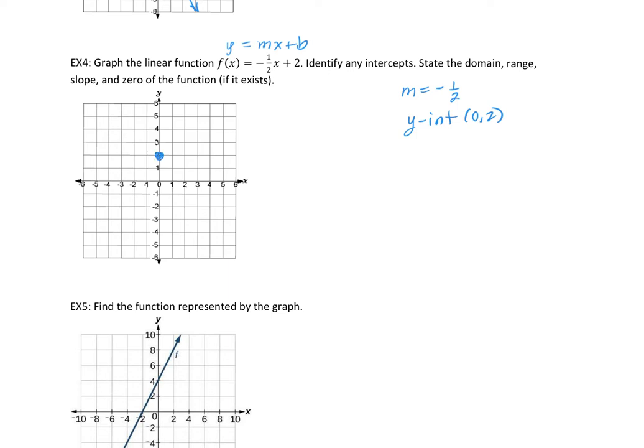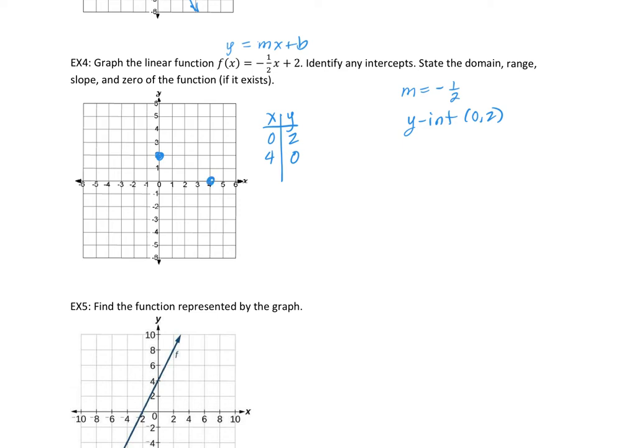And I can graph that point. And I can use my slope to find another point, if I'd like. Or I have an equation, I can make a table of values. If x is 0, y is 2, that gave me my y-intercept. If y is 0, x is going to be 4.